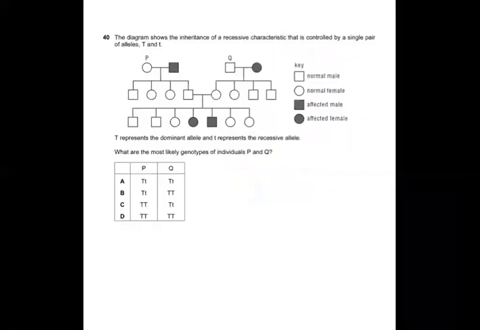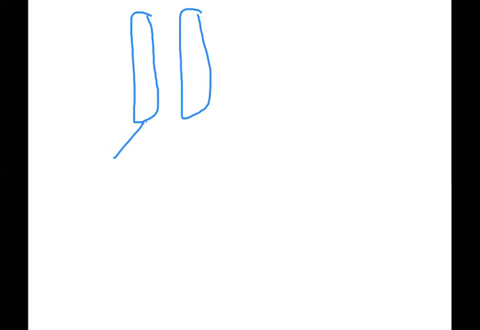Now we'll do some questions relating to this. The diagram shows the inheritance. First, one more thing: when gametes are formed, from a pair of chromosomes, one forms one gamete and the other forms the other gamete.